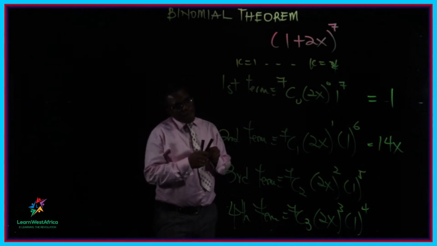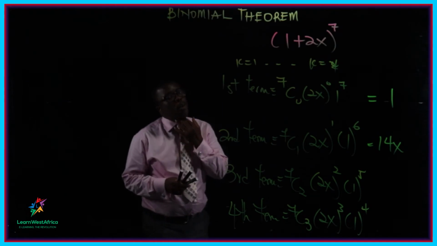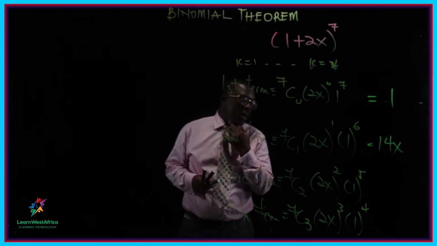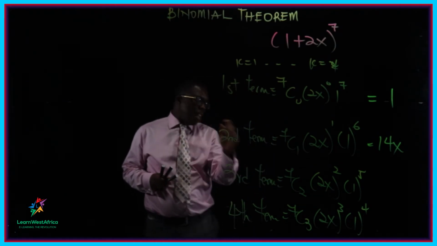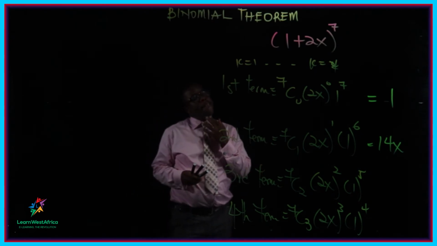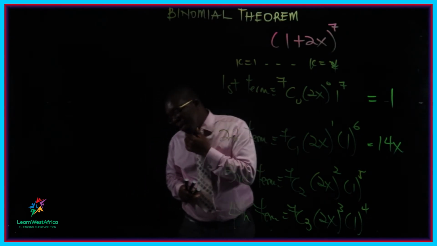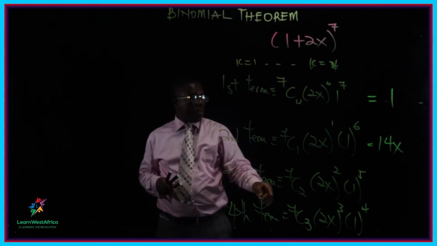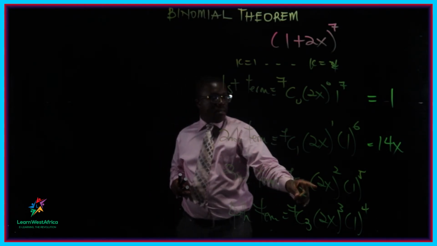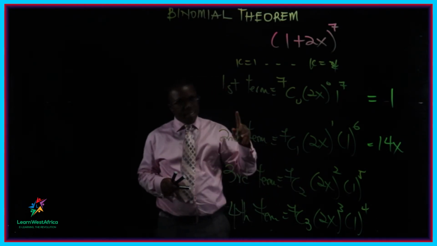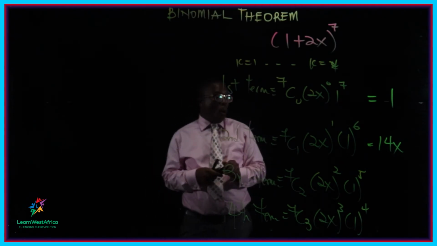Then we have 7 choose 2 from combination, that's going to give us 21 times 4, that's going to give us 84.